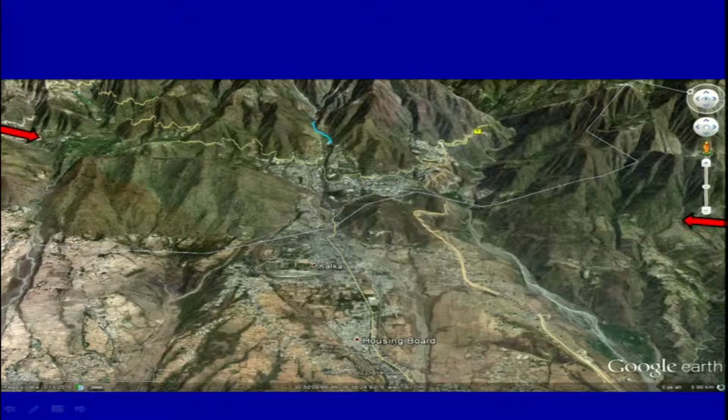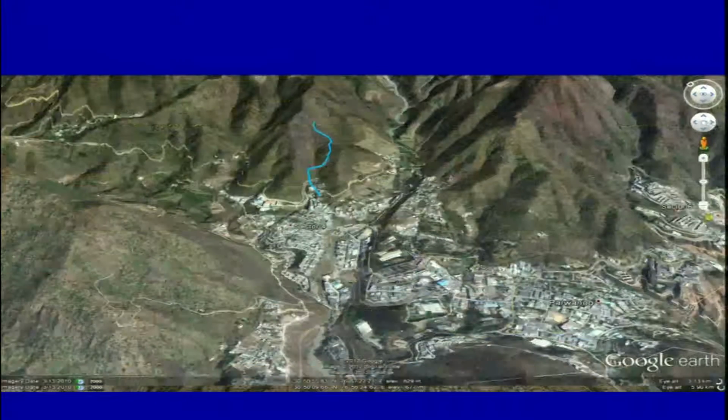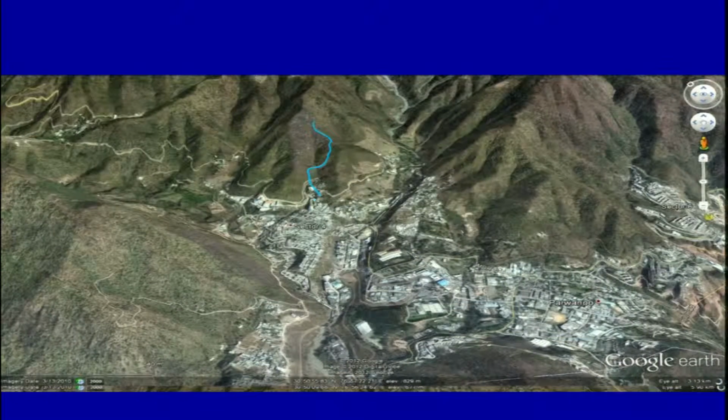The stream comes like that and then turns here. Okay. So, let us see the close up of that again. The fault runs here, stream offset, and you can see in the backdrop a lot of construction which is close to the fault line.